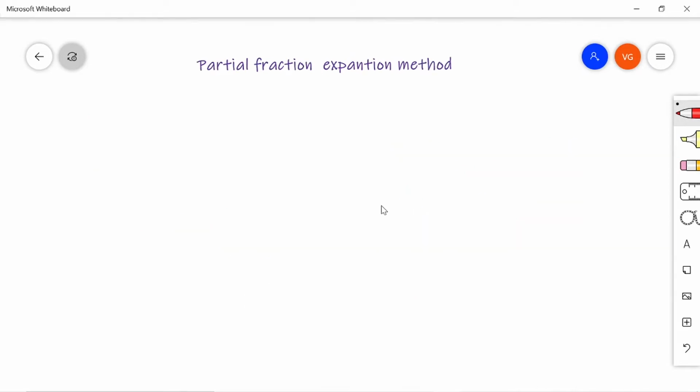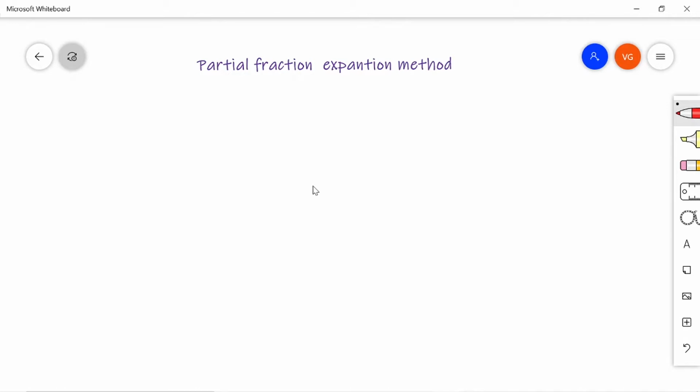Partial fraction expansion method. To apply this method, the student should have a good knowledge on basic Z transform pairs and also different properties of Z transforms. Already in our channel, I have discussed these pairs of Z transforms and also properties. Please check it out.